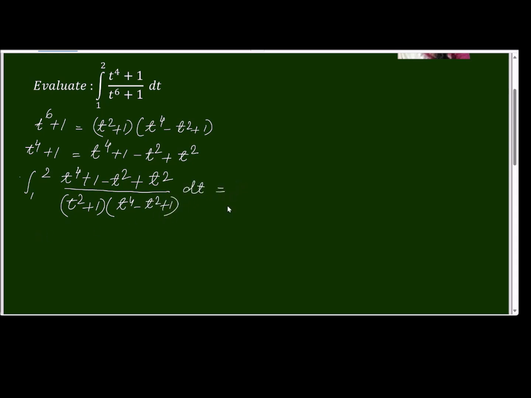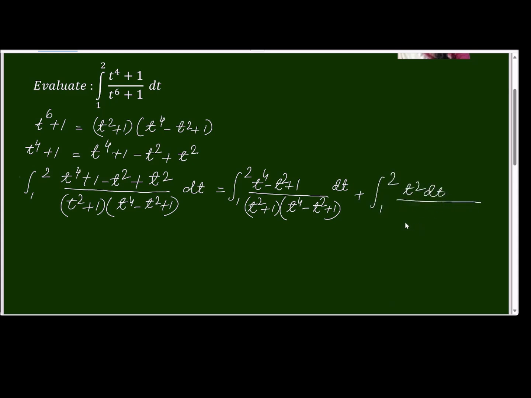So we'll make it into 2. One is integral 1 to 2 of (t^4 - t^2 + 1) over (t^2 + 1)(t^4 - t^2 + 1) dt, and second one is only t^2 left over these two terms, but I'll keep this in original form.